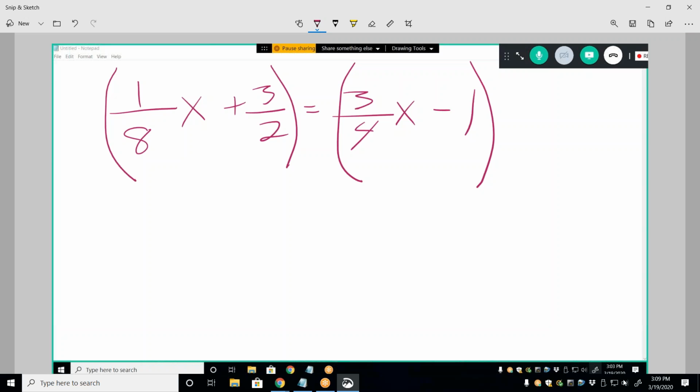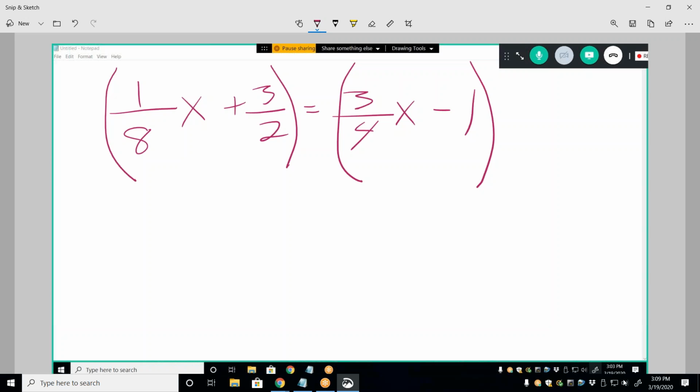How about the least common denominator that we're looking at? 8. In other words, for something to be a common denominator, all the other denominators have to divide into it evenly.